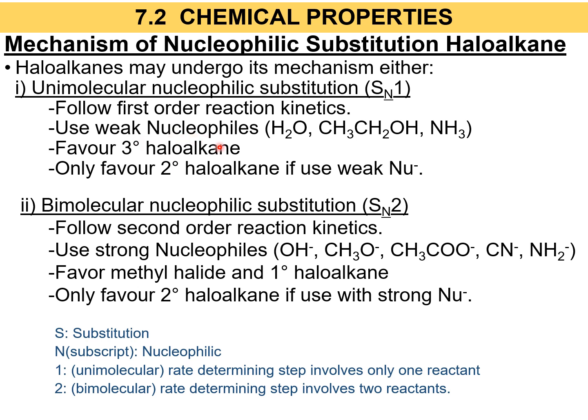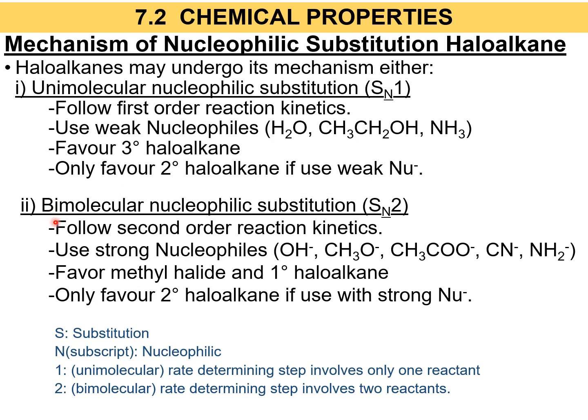Dia akan use weak nucleophile such as H2O, CH3CH2OH, NH3. If you see here, tak ada langsung metal kat sini kan. That's why the weak nucleophiles, and then dia akan favor tertiary haloalkane, but it can only favor secondary haloalkane kalau dia guna dengan weak nucleophile. Okay, macam secondary haloalkane ni actually dia depends pada the type of nucleophile.